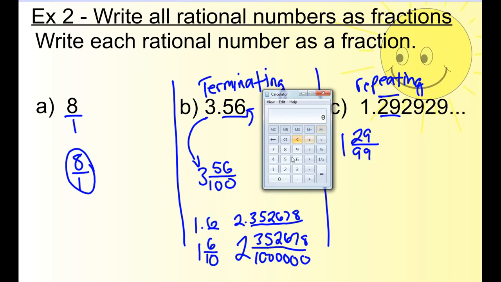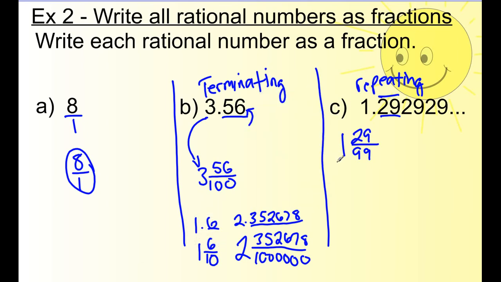Mr. Calculator says if you take 29 divided by 99 equals 0.29292929 forever. So that's how you're going to do every single repeated decimal. If you would have 3.8 repeated, 3 and 8 on top, there's one number on the top, so 1 nine on the bottom. These two are exactly the same.